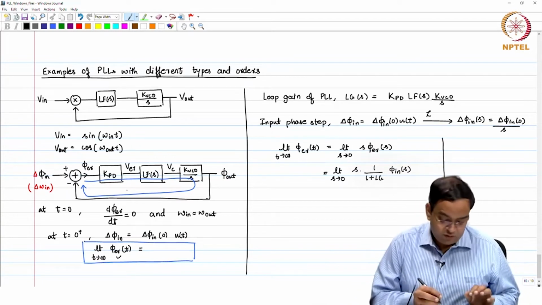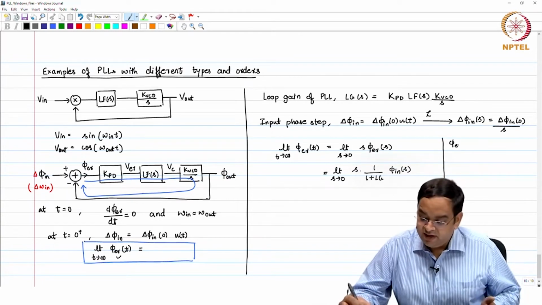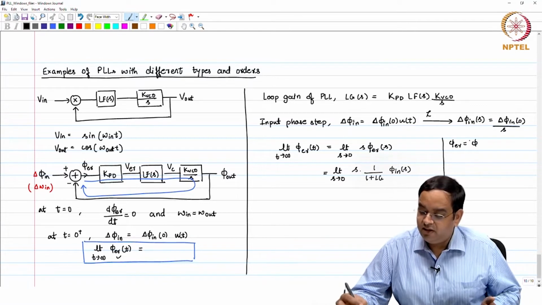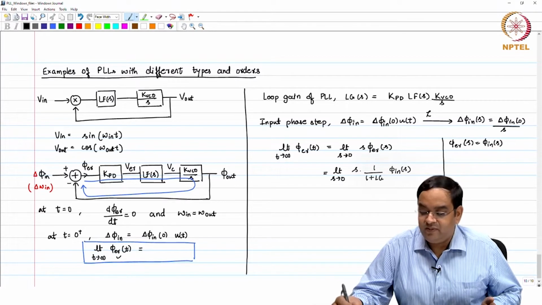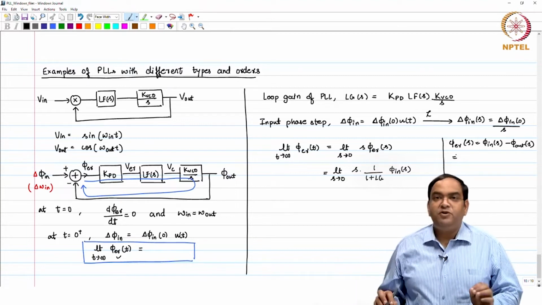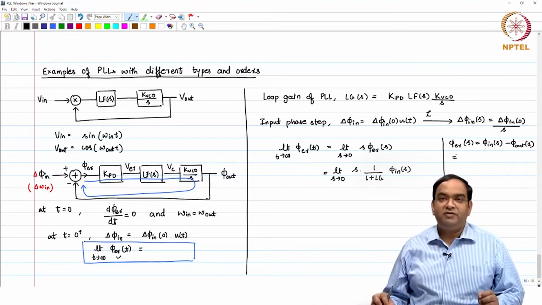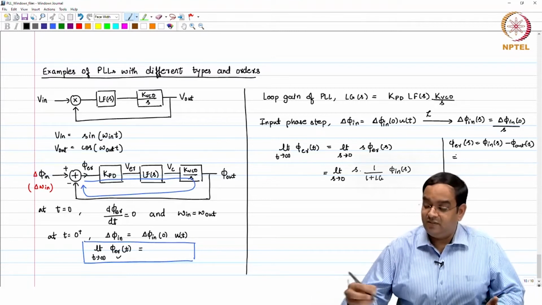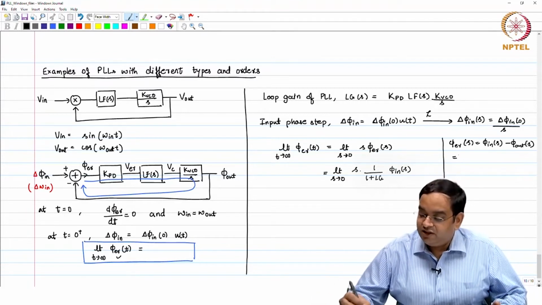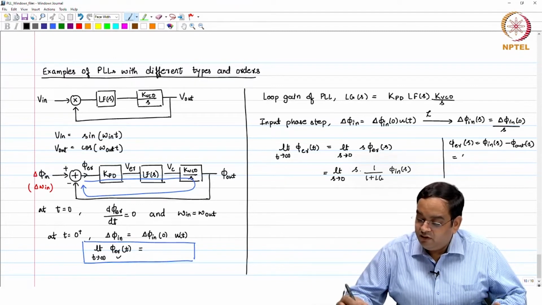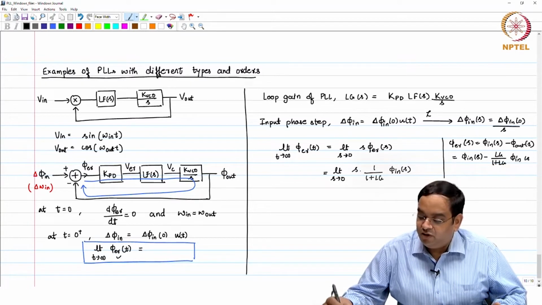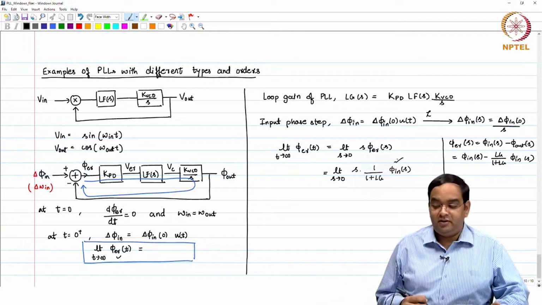You know from this loop that in the frequency domain, phase error of S is equal to phase in of S minus phase out of S. You might see that I am using phase error of S or phase in of S and delta phase in of S interchangeably, as that is the small change which I am applying. So, phi out of S is equal to loop gain by 1 plus loop gain times phi in of S. So, from here this expression is clear.